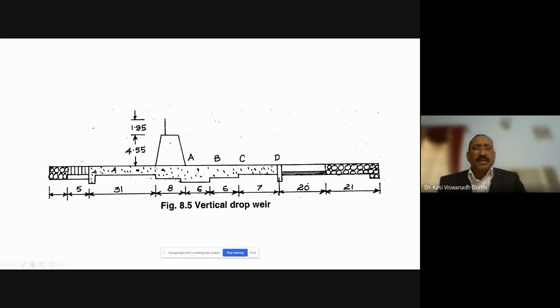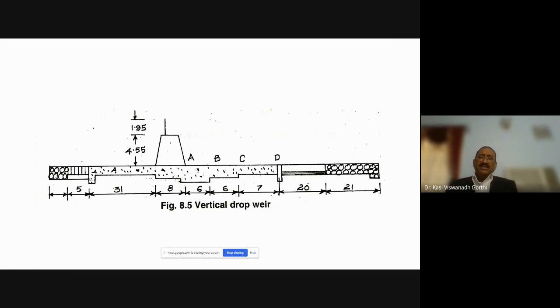Similarly, from the upstream portion, this is the length which are provided with the sheet piles at this portion as well as the downstream portion. After this sheet pile, to give a good protection for this upstream and downstream sheet piles, inverted filters will be provided. The inverted filter on the upstream side, inverted filter on the downstream side, followed by the talus. This is how the whole structure of the weir would be provided.